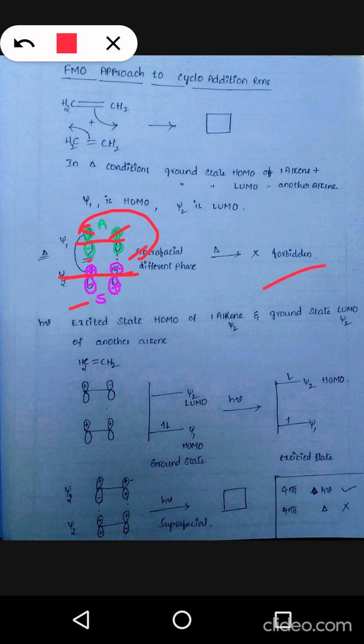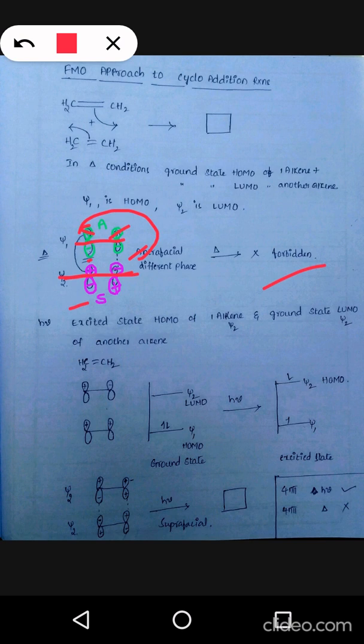Let us see. So under thermal conditions, one ethene molecule does not react with another ethene molecule to form cyclobutane. So let us see whether this reaction is possible in photochemical conditions or not. We know that in photochemical condition, an electron will jump from the HOMO to the next higher energy level.